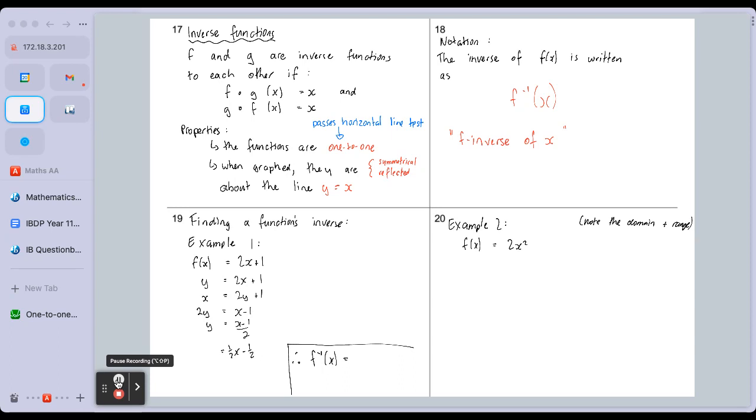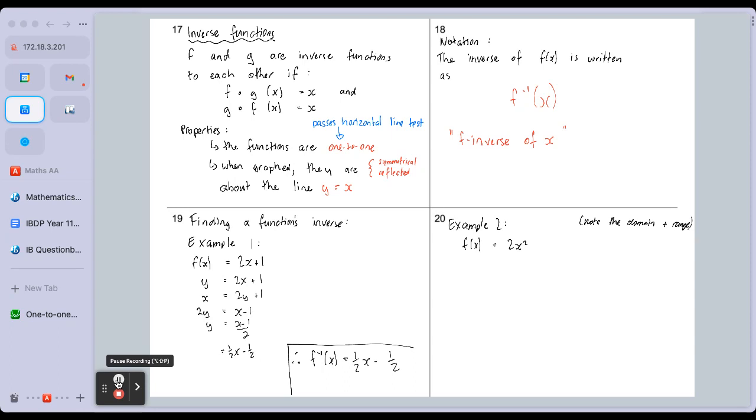That's what you've got as your rule, which you then write as f inverse of x. So f inverse of x is equal to a half of x minus a half. But if you write x minus 1 on 2, that'd be fine as well. It's no biggie, one way or the other. Okay, any questions on that?